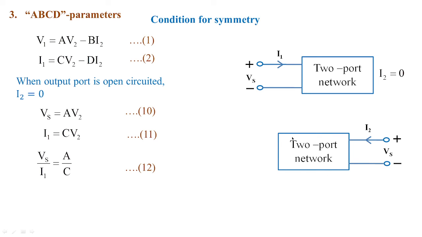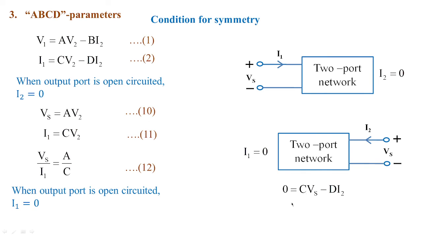Similarly, when the input port is open circuited, that is I1 made equivalent to 0, and substituting in equations 1 and 2, you are going to get Vs by I2 is equal to D by C. So you just equate equation 12 with equation 13, that is the input voltage to input current is equal to the ratio of output voltage to output current, which will give you the condition for symmetry as A equal to D.